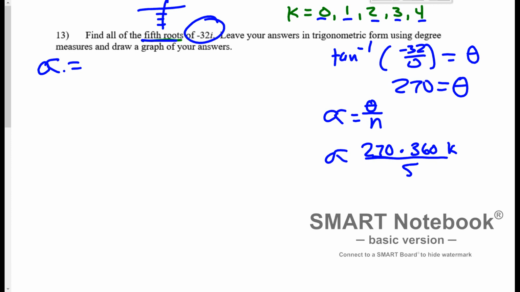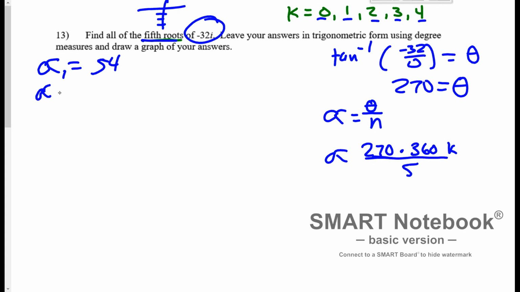So my first alpha is just going to be 270 over 5. So I just take 270 over 5 to find all my alphas. So let's see here, 270 over 5, I get 54. And then I'm going to plug in 1. So that's 270 plus 360 divided by 5. I get 126.